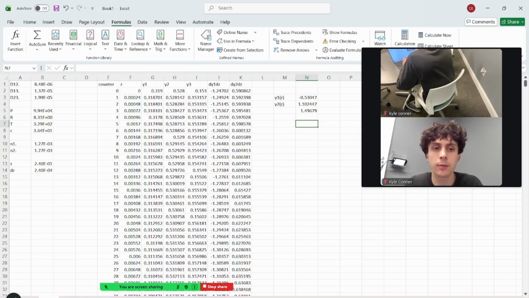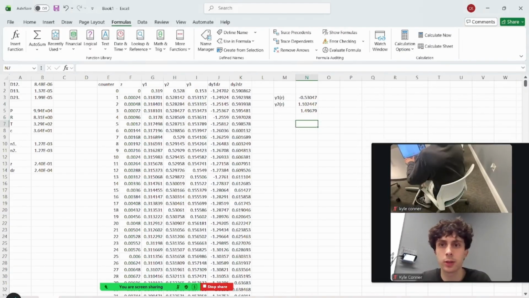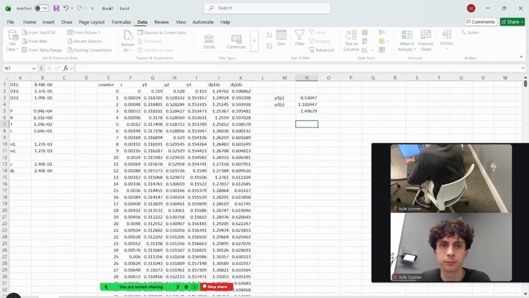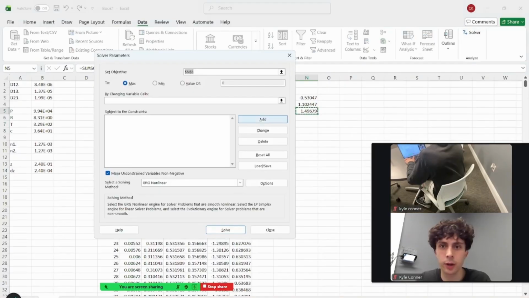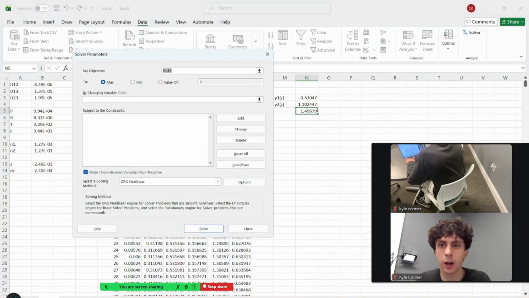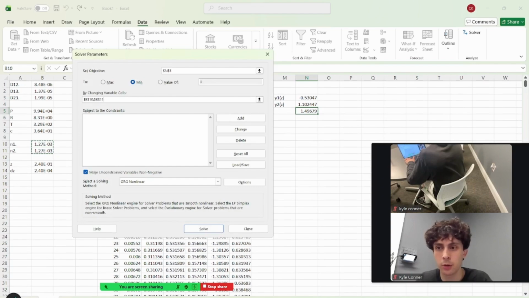So now our objective here will be at N5, where our minimum will be. We're going to be solving for the minimum, and we're solving for N1 and N2, or more fluxes, will be our changing variables here.